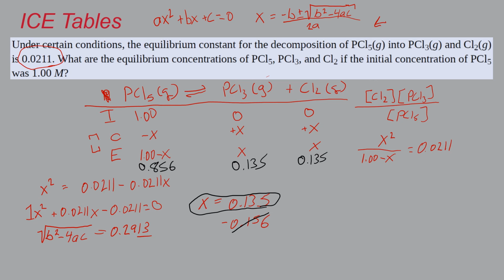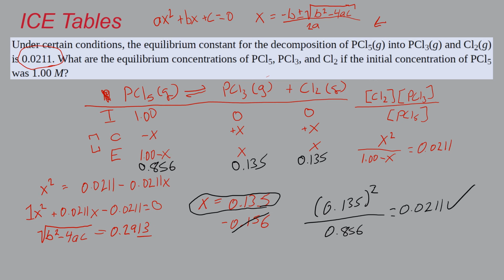And I would say always double check to make sure, and this is a good way to catch math errors, that these concentrations you have actually do give you the right equilibrium constant. So I've got 0.135 squared divided by 0.856, and that does in fact give you 0.0211. So yay, we're done.